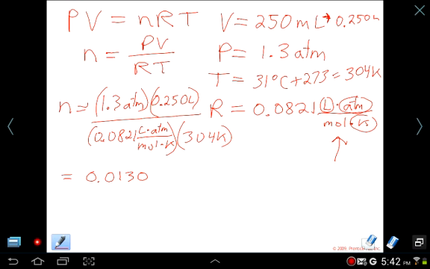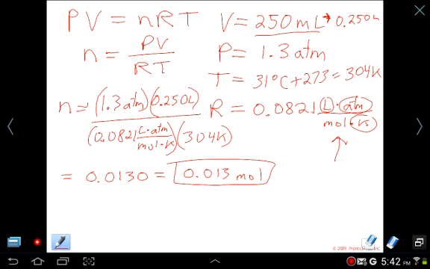Now, because we're dealing with two significant figures, it looks like 0.013 will suffice moles. So here is how many moles of gas are contained in a 250 milliliter vessel under these conditions. Not many moles, but recall that we talked about how 1 mole of gas takes up an enormous amount of volume comparatively. So this sounds to be pretty accurate.